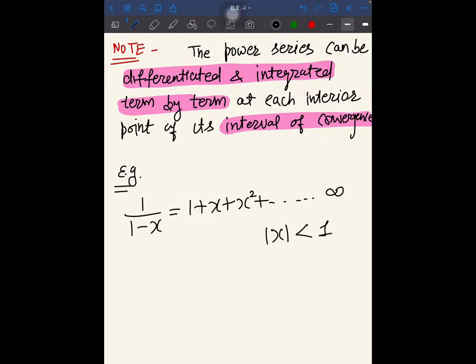Yes, sir. This makes sense only when your mod x is less than 1. Now you can differentiate both sides, and here the differentiation of 1 is 0 and the differentiation of x is 1, x square gives 2x, and that is 3x square, and so on up to infinity. And on the right hand side, you differentiate, that will become 1 upon 1 minus x whole square. Is it fine? Yes, sir.